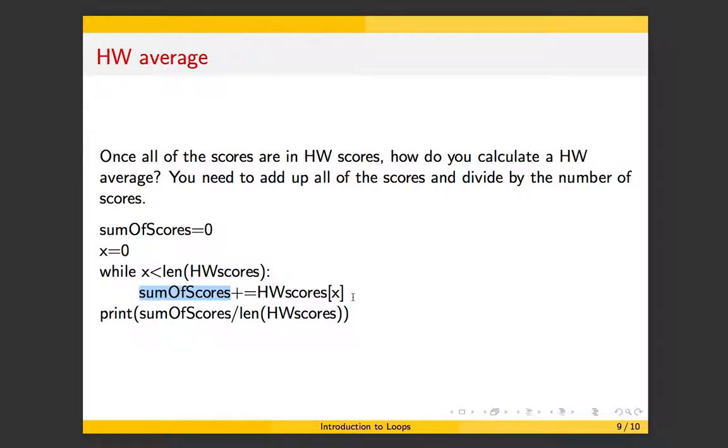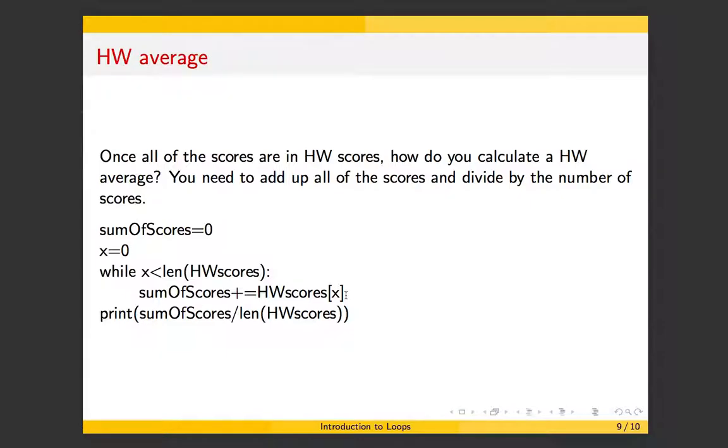Now, for some reason it's not showing up on my slide, though it's in my code. So if you think about what should happen next, you've taken the homework score at position 0 and added it to your sum. Well, now you've got to advance, right? Now you need to add the next homework score and then the next homework score. So what's missing from this code, if you're playing with this in your compiler, is an additional line: x plus equal 1.